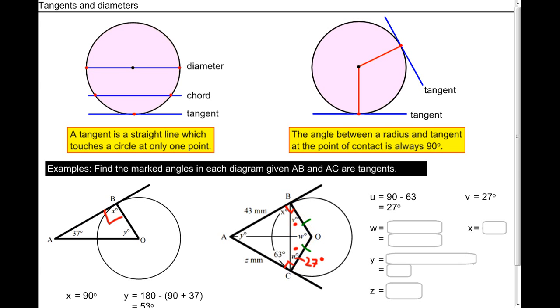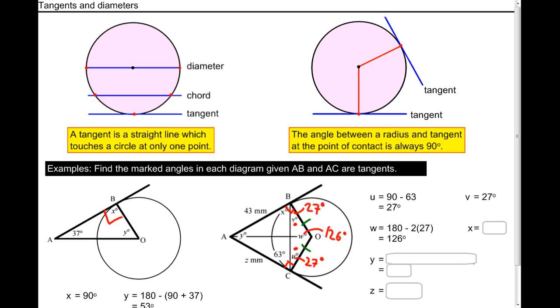So I know the three angles have to add up to 180. So my 27, my other 27 degrees there. So subtracting them from 180 would leave me with 126 in here.